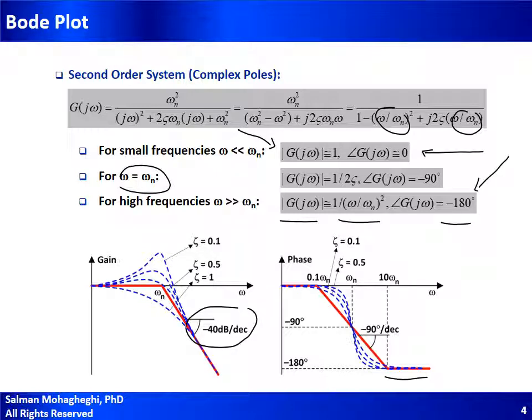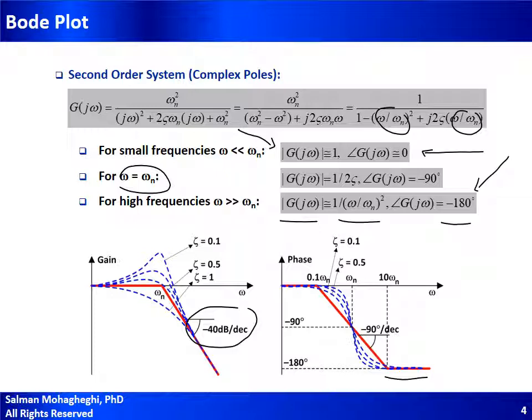And in between, I would have a straight line with a slope of negative 90 degrees per decade. Again, remember in a first order system, we had a slope of negative 45 degrees per decade. And here, because I have two poles, I would get a slope of negative 90 per decade, twice that slope.